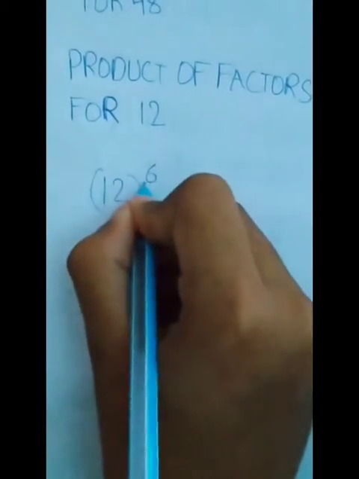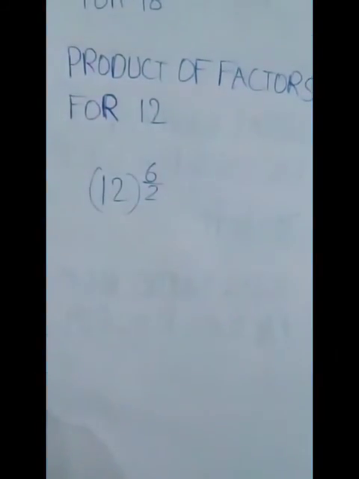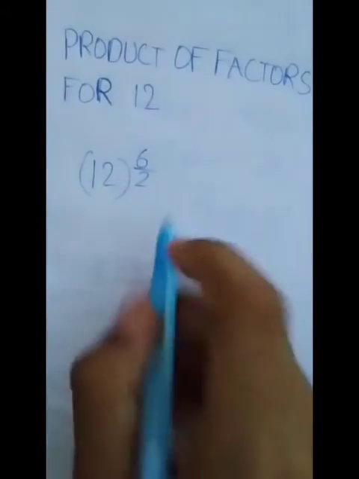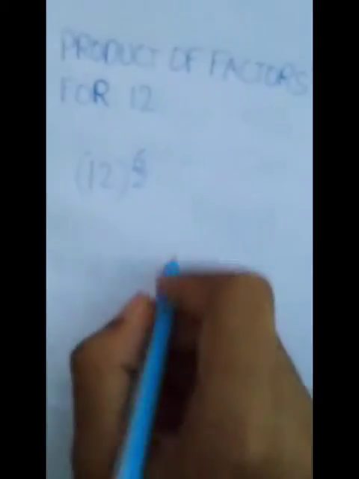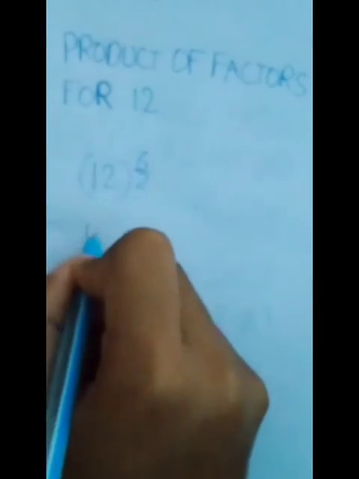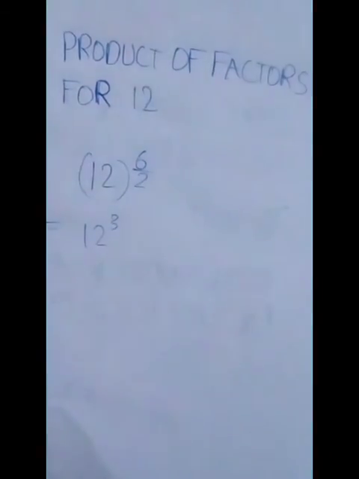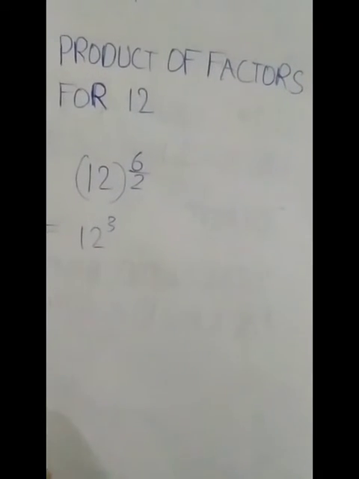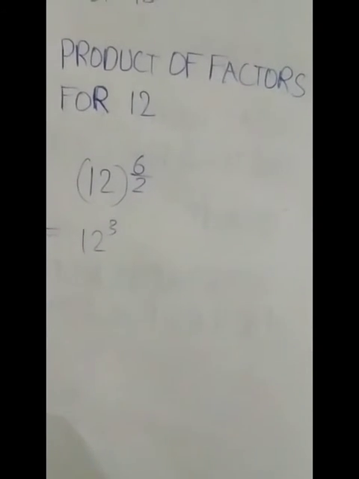So 12 power 6 by 2 is the formula for product of factors. 6 by 2 is equal to 3. So the product of factors is equal to 12 to the power 3. Simple, right?